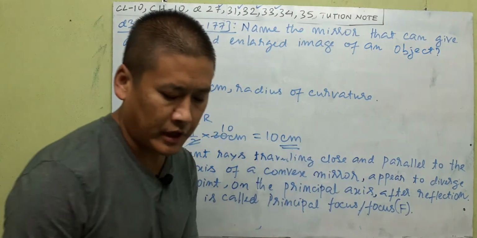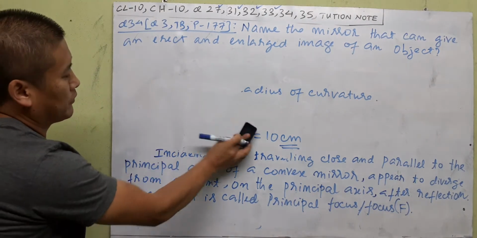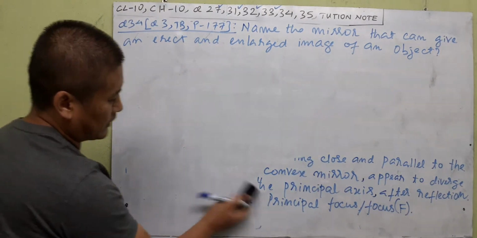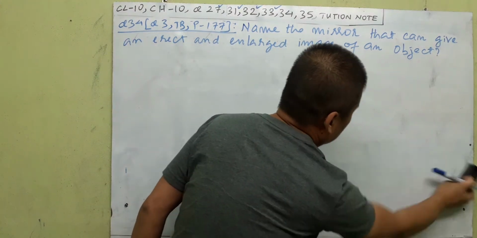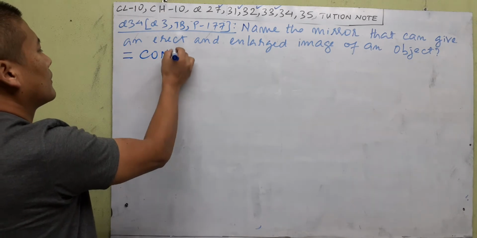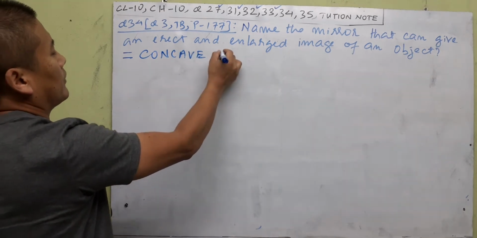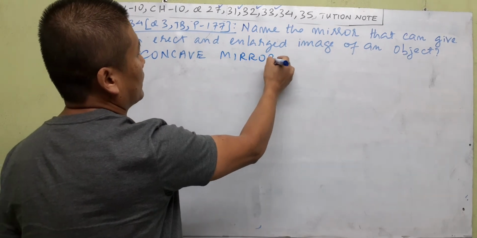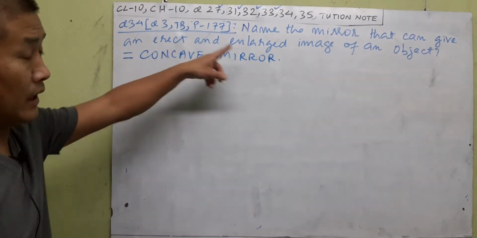So let us just write the answer first and we'll explain it, because you are now used to the explanation, so I think you can easily pick up. Here the answer is concave mirror is the only mirror that can give an enlarged image of an object. They can give erect and enlarged.